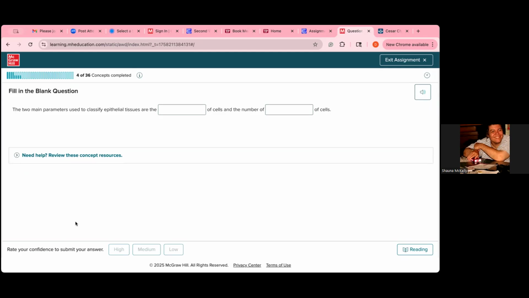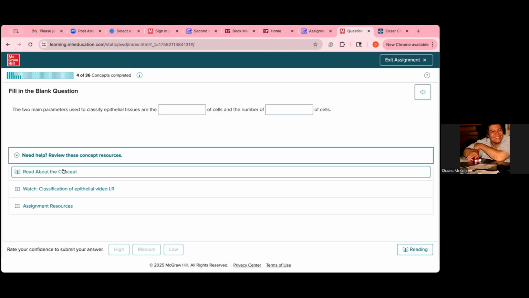The two main parameters used to classify epithelial tissues are the blank of cells and the number of blank of cells. I want to look this one up.